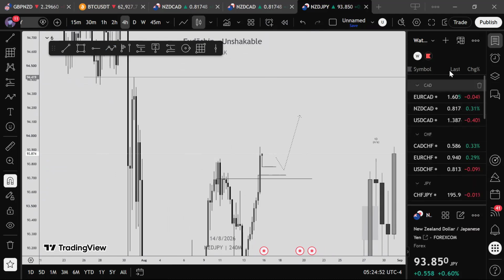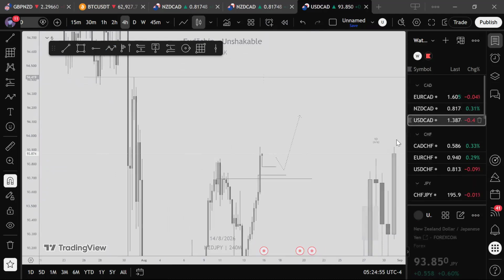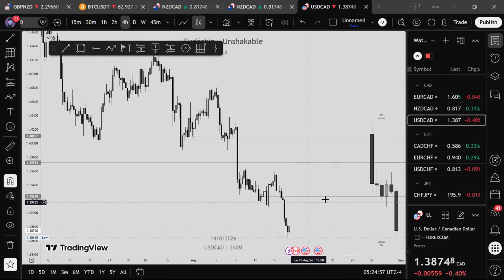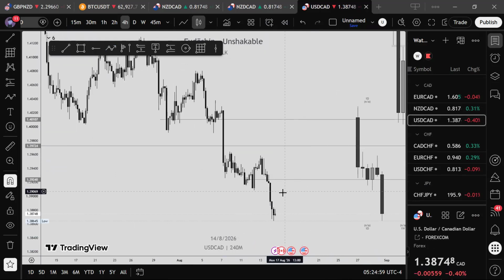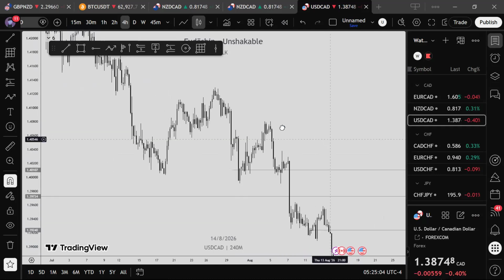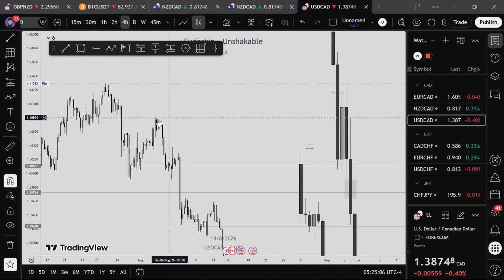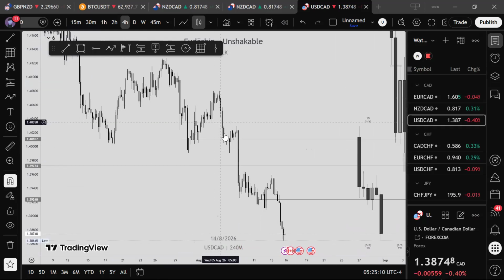I think I had an outlook for USD CAD, but I'm just expecting some move back up here and to sell. I had my first sell position here. So again, this is one instance where I should have held it.